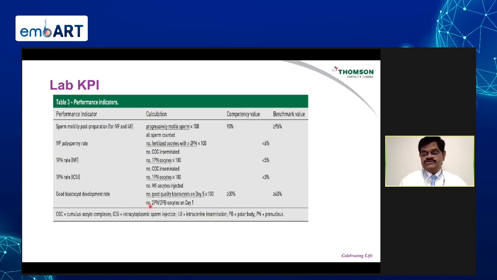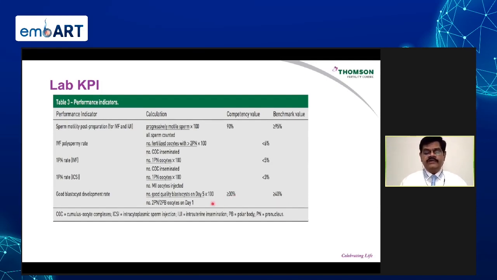And of course, when it comes to the blastocyst development rate, you have to calculate it as number of good quality blastocysts on day 5 upon number of 2 PN oocytes on day 1. It's supposed to be 30% or more to achieve a competency value. Or if you achieve more than 40%, you are already setting the benchmark or meeting the benchmark value.